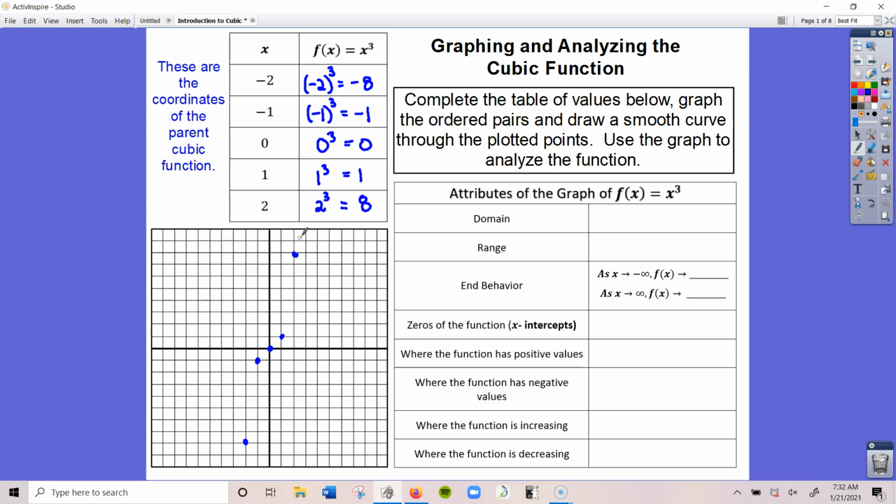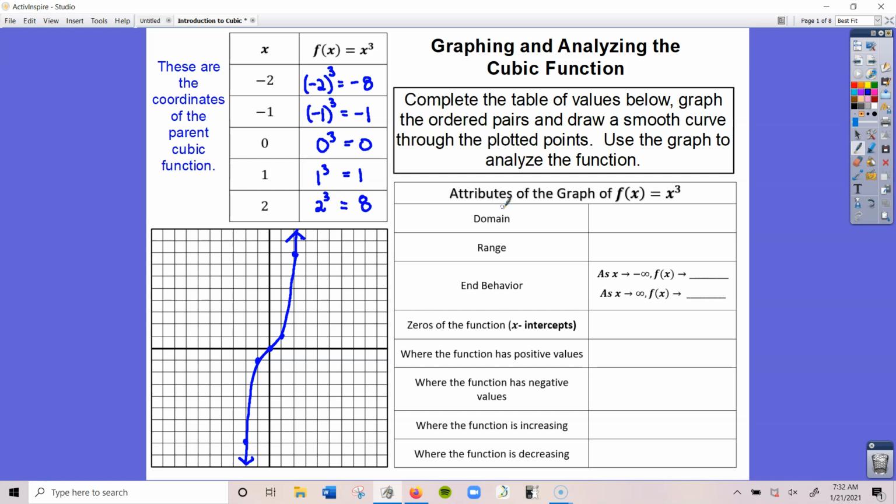When I connect any polynomial function, because a cubic function is considered a polynomial function, it has smooth curves. So it would look like this. So that means that all of the graphs that we're going to be looking at today are going to have this general shape.